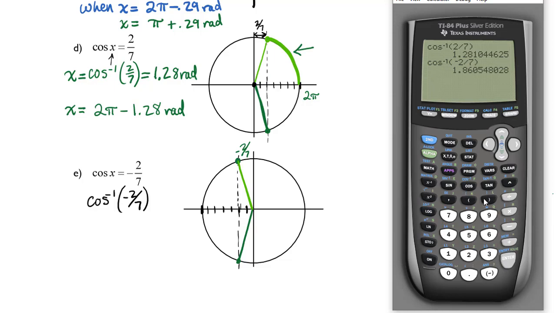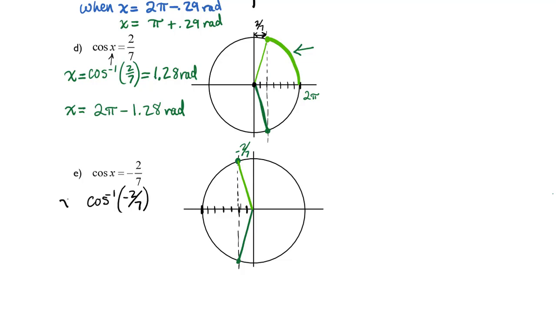And that gives me 1.86 radians. That means that if I travel along the outside edge of my unit circle, I have traveled 1.86 radians.